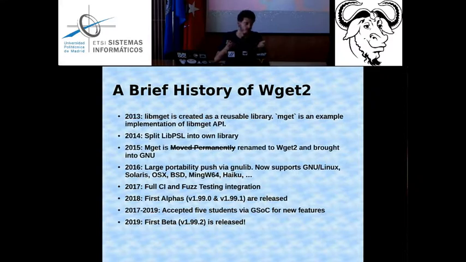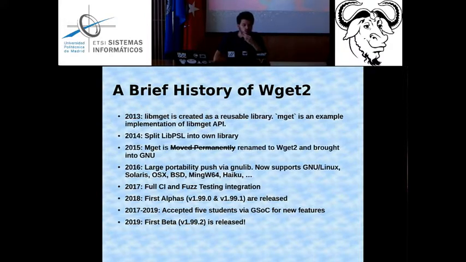Now it supports, of course, GNU Linux, Solaris, macOS, BSD, also Windows with the Unix environment for Windows, and we even got it compiled and working on Haiku just for fun.